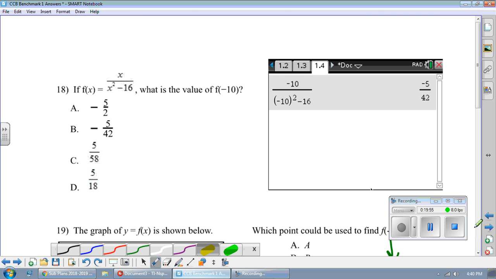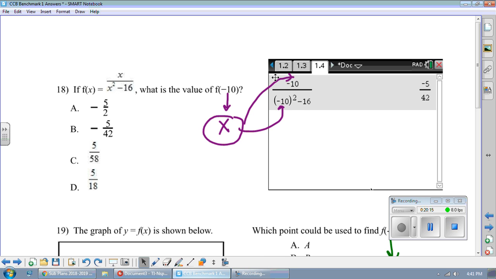Number 18. If f of x equals x over x squared minus 16, then what is the value of f of negative 10? This negative 10 right here, that is the x. So we are going to substitute the negative 10 where the x's are in the function rule. So really important is the parentheses.